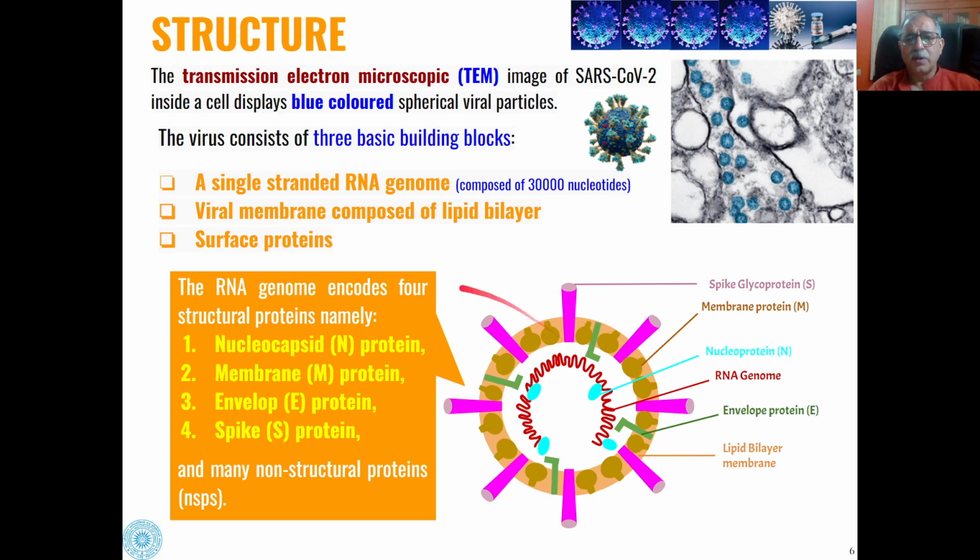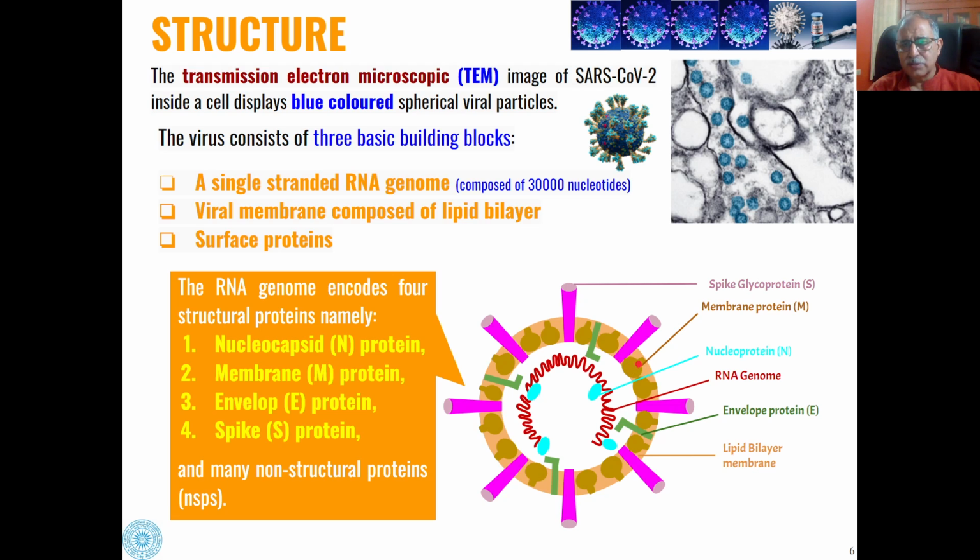So the RNA genome encodes four types of structural proteins. One is the nucleocapsid protein, the nucleoprotein, which is present around the RNA strand. Then the membrane protein is present in the lipid bilayer.